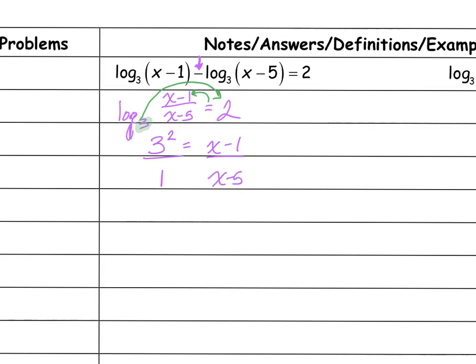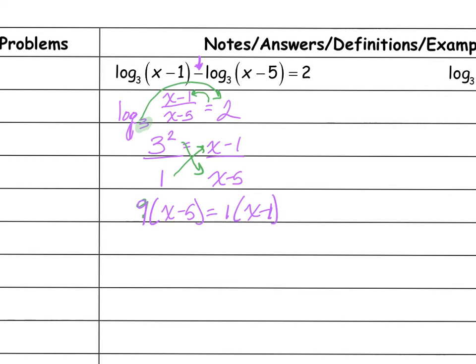So how do I solve that? Well, you're going to cross multiply. So 3 squared is 9. Good. So that's 9 times x minus 5 equals 1 times x minus 1.